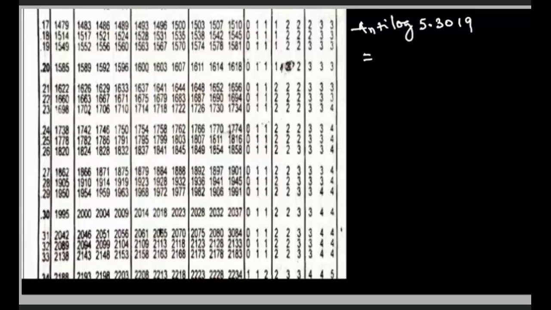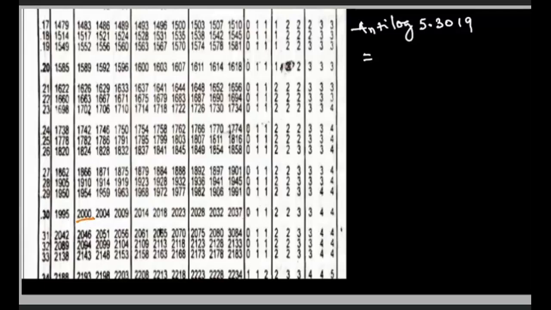Go to your antilog table. Look for 0.30 under 1, difference 9. This is 0.30, under 1 here. Yes, 0.30 under 1, difference of 9.